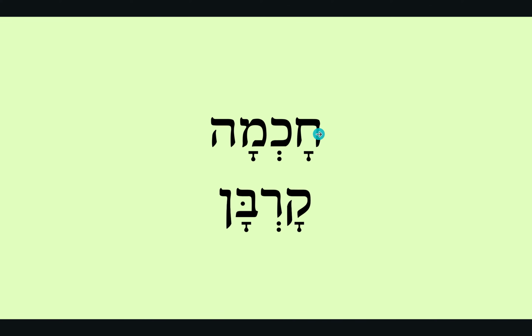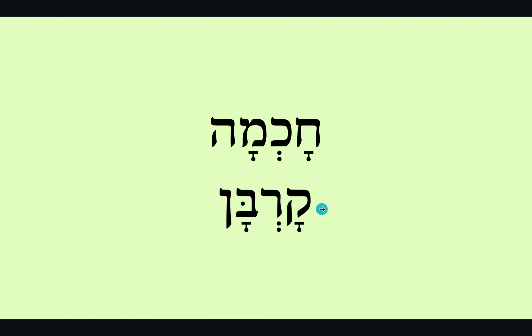So we expect chachma with final stress, chachma, but because this syllable, chach, is closed, right? It begins and ends with a consonant sound, so it's closed, chach, 2 consonant sounds. And because it's unstressed, chachma, that's where the stress is, this kamatz is going to become a kamatz katan and shift to an O sound. Chochma.